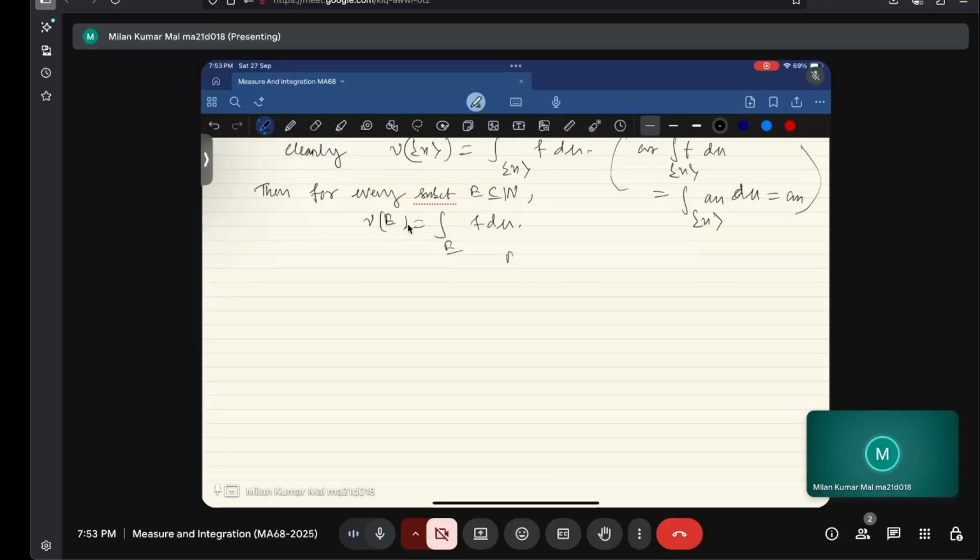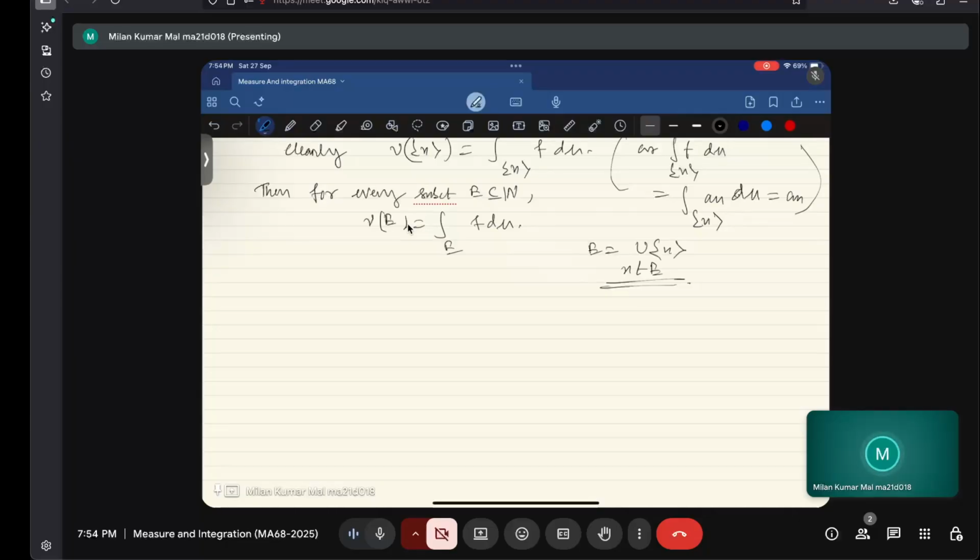Suppose you have the set E, you can write it as a countable union over n. Considering the points in E as singleton sets, one can write E as the disjoint union of those singleton sets. One can write it this way.